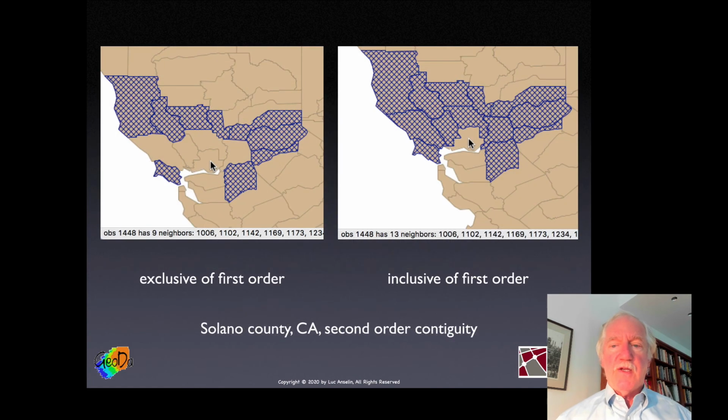What does this mean in practice? Back to our Solana County. On the left, we have the pure second order contiguity, in the sense that our first order queen neighbors, if you recall these here, are eliminated. Whereas in the cumulative contiguity, they are included. So that's the difference between the two. Which one to use? If you're using formal modeling, often the pure one makes sense.